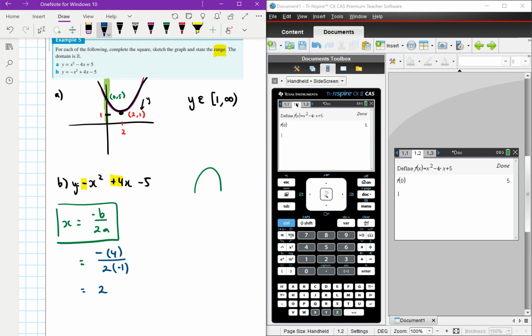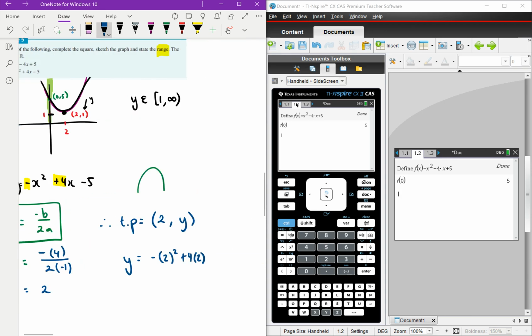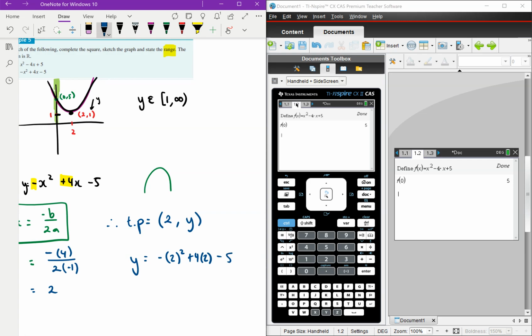So that tells me the turning point has an x value of 2, and I need to find the y value. I can sub that back into the equation. y is equal to negative 2 squared plus 4 times 2 minus 5, and that gives me negative 4 plus 8 minus 5, which is minus 1.